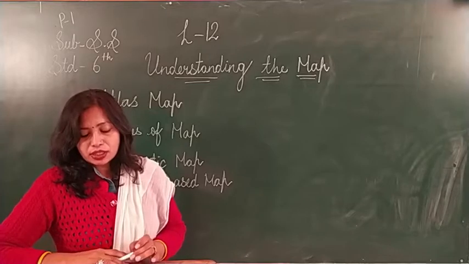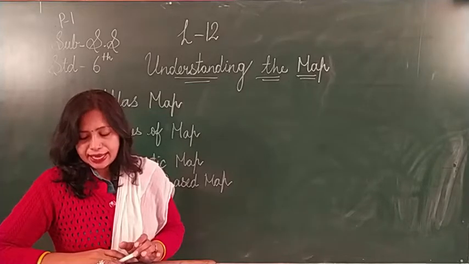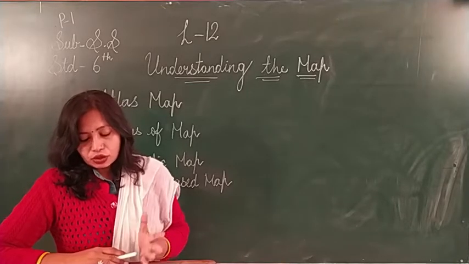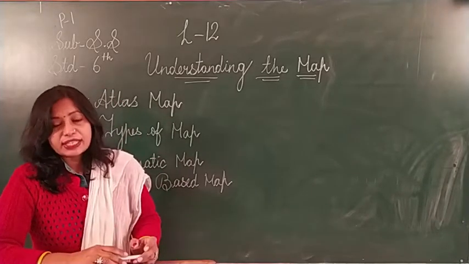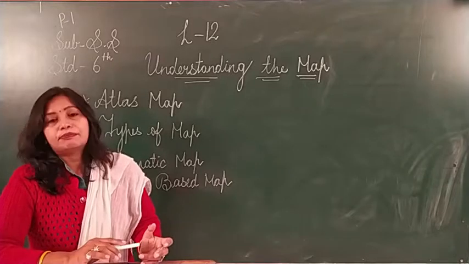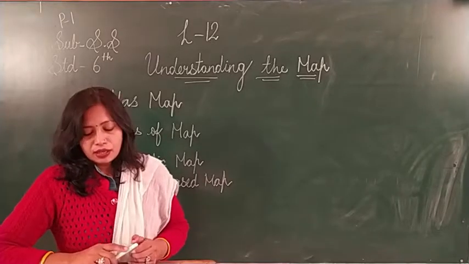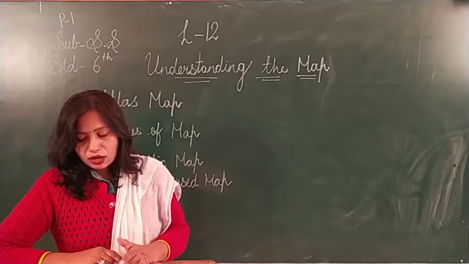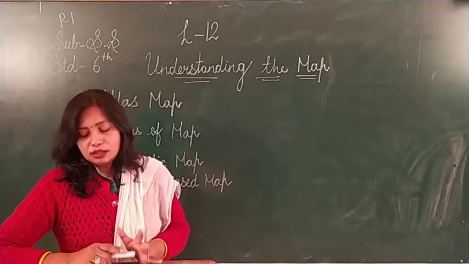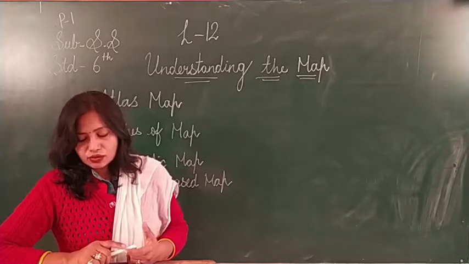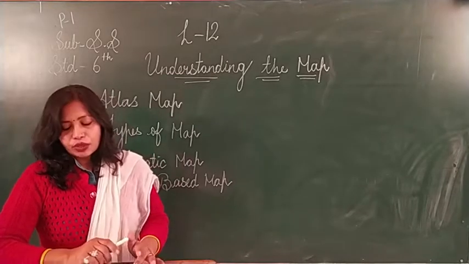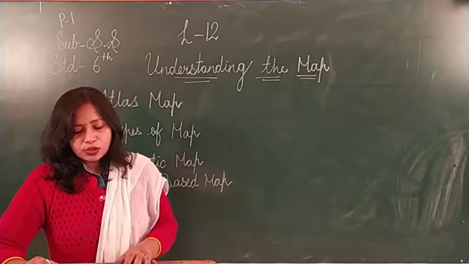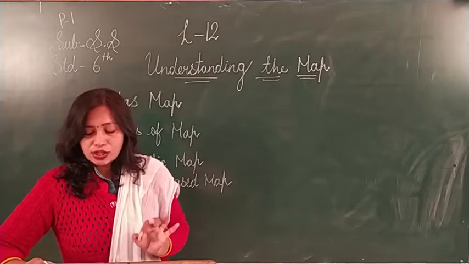Map shows important details of various regions like physical details: mountains, plateau, plain, river, lake, etc. These are called physical details. And cultural details too: transportation, industries, farming, irrigation, etc. So remember that map shows important details of various regions.